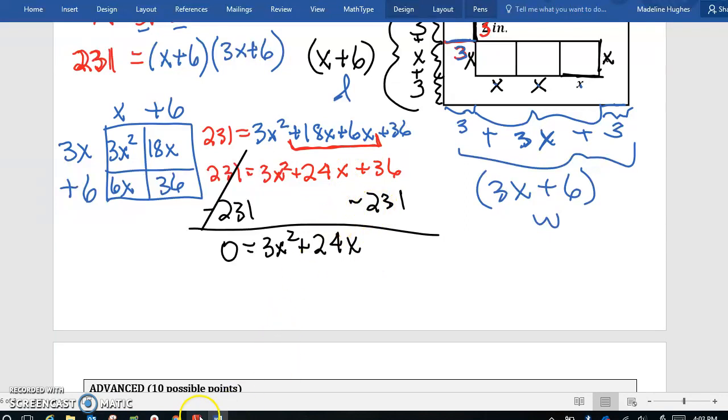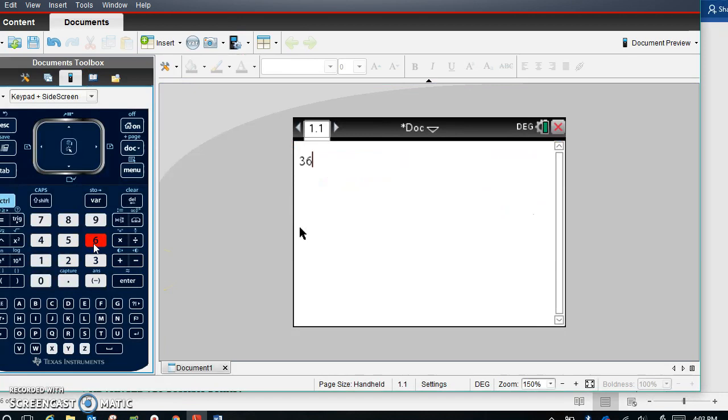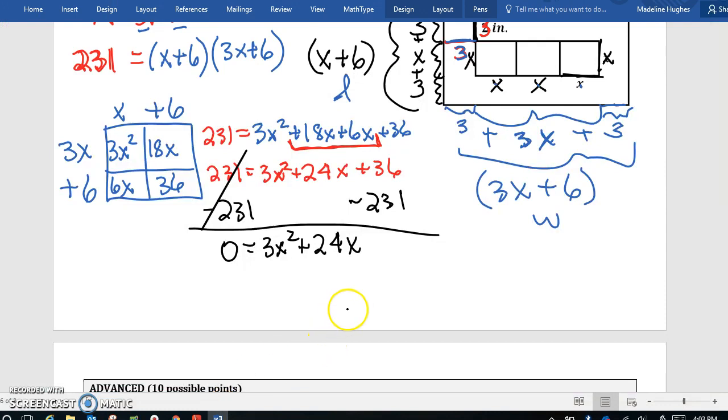If I go over here and plug this in our calculator, 36 minus 231, enter, negative 195. So back over here, negative 195. Now, since this is equal to 0, I can factor this. And when there's a number in front, we always want to check to see if there's a GCF.